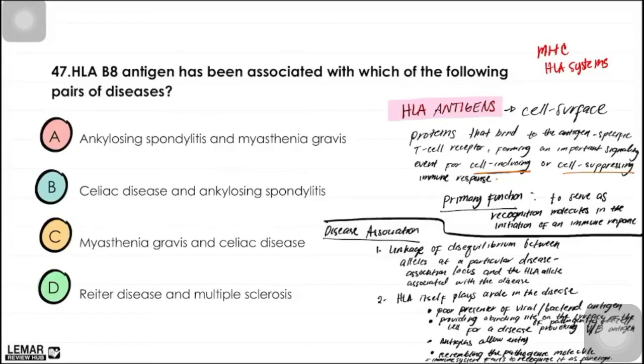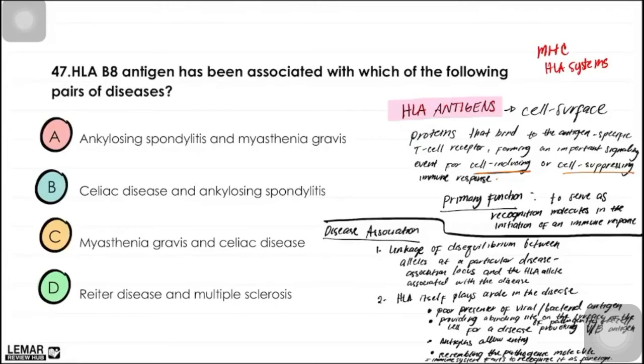So remember that the HLA antigen's primary function is to serve as a recognition molecule in the initiation of an immune response. They present peptides from foreign substances such as viruses and bacteria to the effector cells of the immune system.